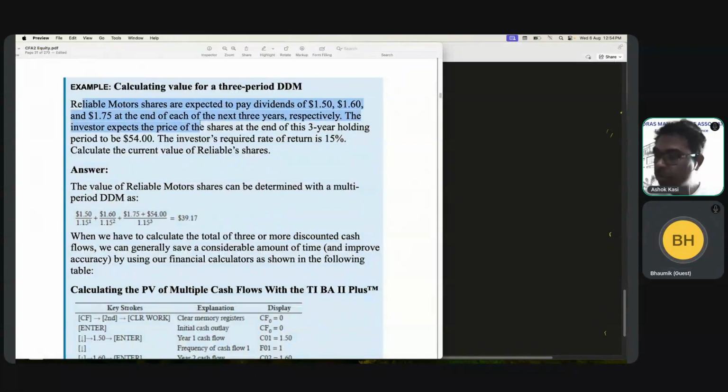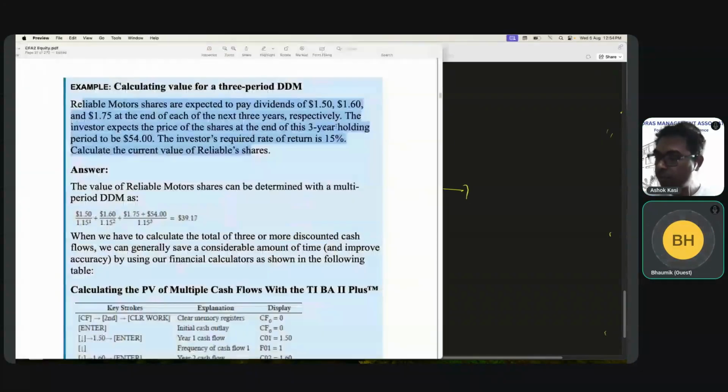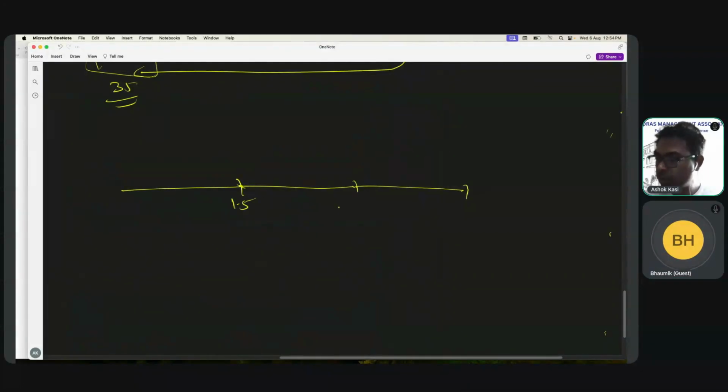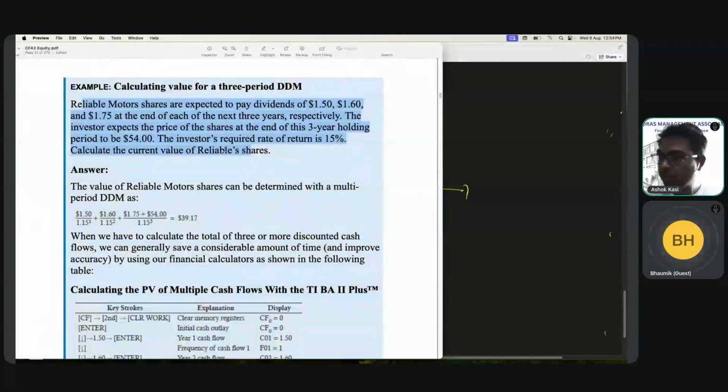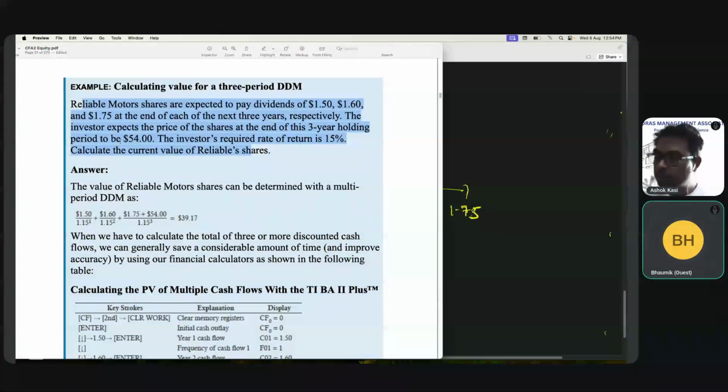See, Reliable Motor shares are expected to pay dividends of 1.5, 1.6, and 1.75 in years 1, 2, 3. The investor expects the price of the shares at the end of this 3-year holding period to be 54.